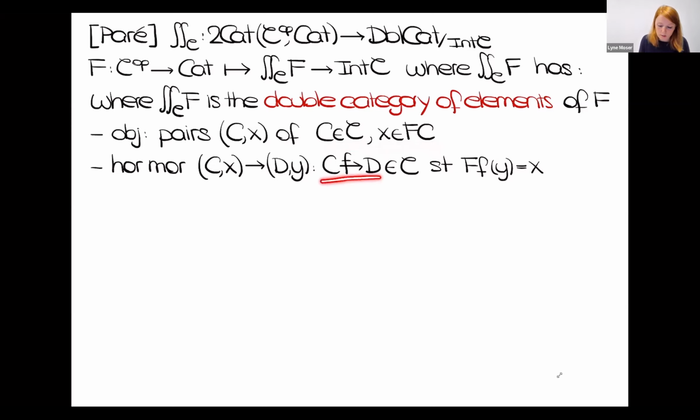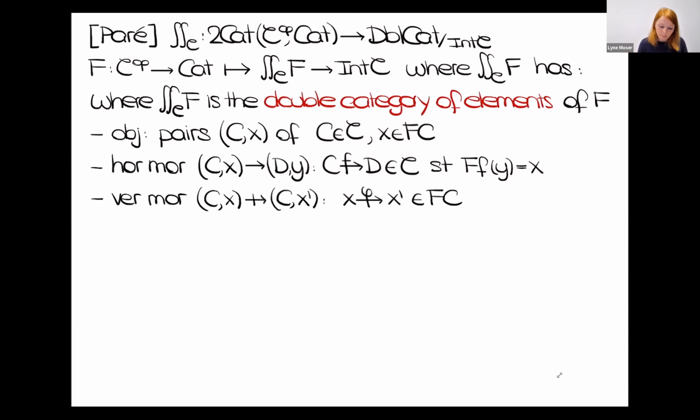And then the morphisms are morphisms from C to D in C, satisfying this equality. And now we have this extra data of the vertical morphisms, and this is where we will put the morphisms of the category FC. The vertical morphisms are defined only if the first variables are exactly the same. So I only have a morphism from (C, X) to (C, X'), and they are precisely the morphisms of the category FC.